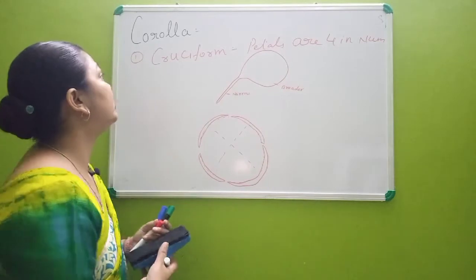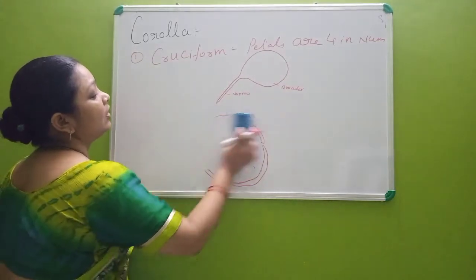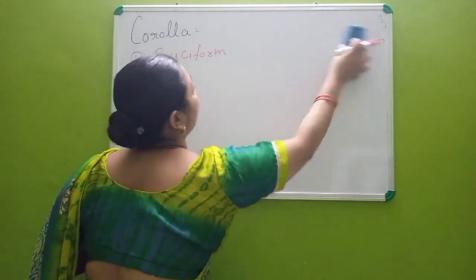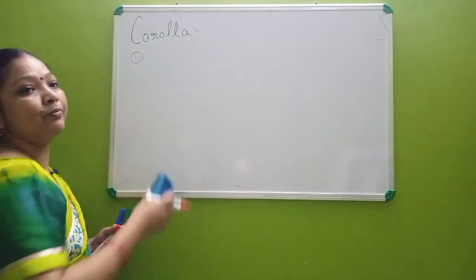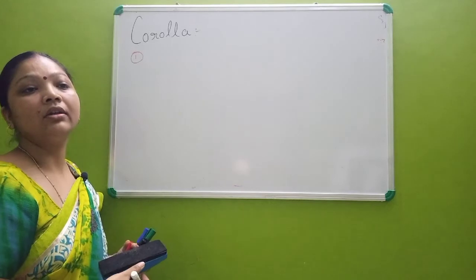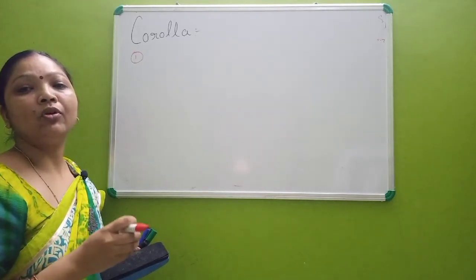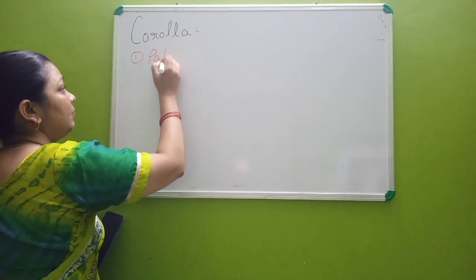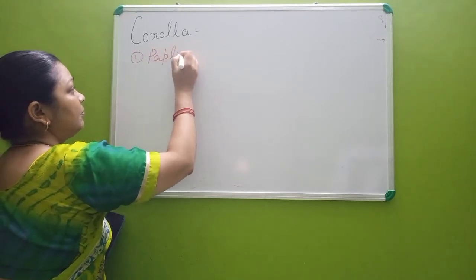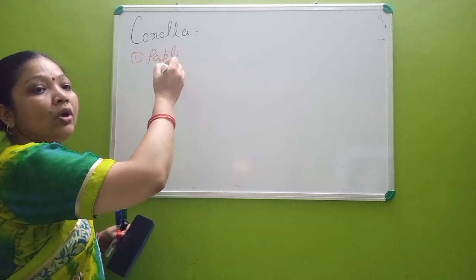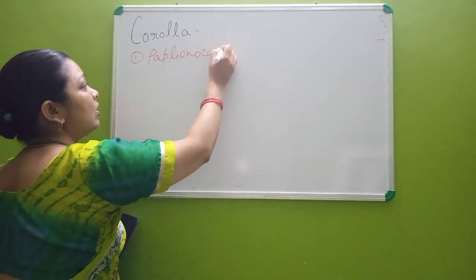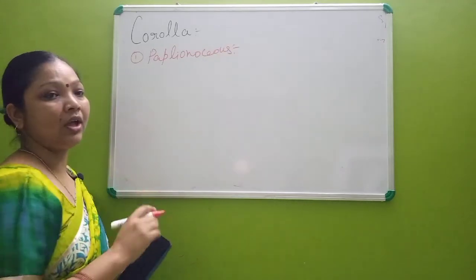Now we'll talk about the next type of corolla, called papilionaceous corolla.